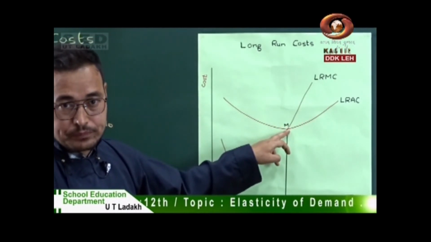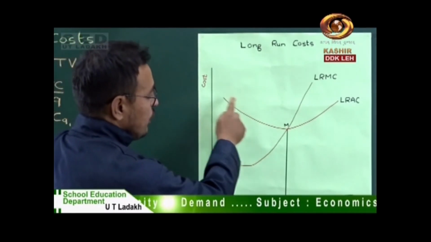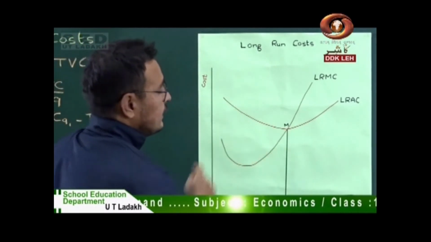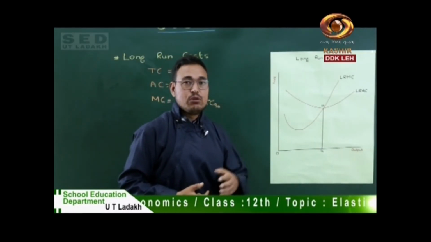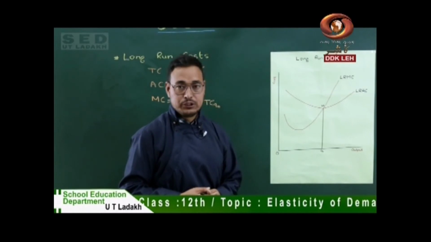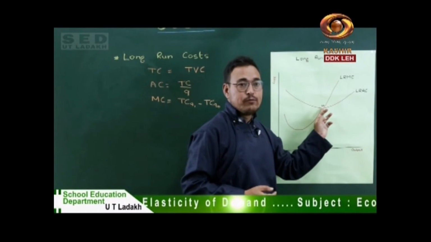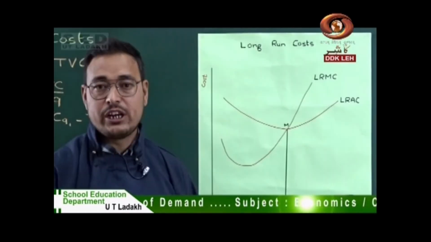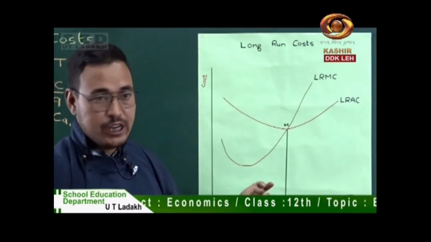The other important property is that this marginal cost curve will always cut your average cost curve at its minimum possible value. Second important thing is, initially from this point to M, your cost is decreasing. The reason is that you are having increasing returns to scale, or IRS, and for a brief moment you will have constant returns to scale. That's why your cost is also constant.